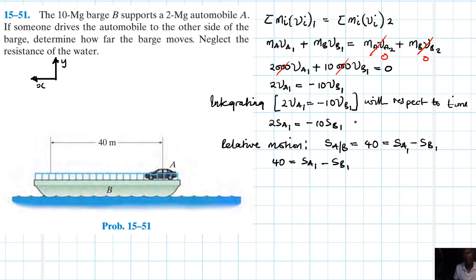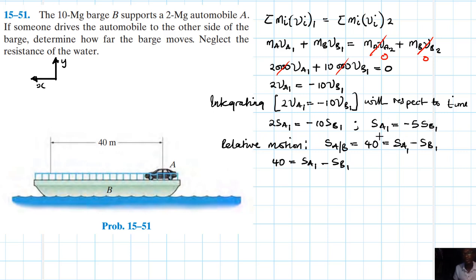Then if we make sA the subject of the formula, this just becomes minus 5 sB1.